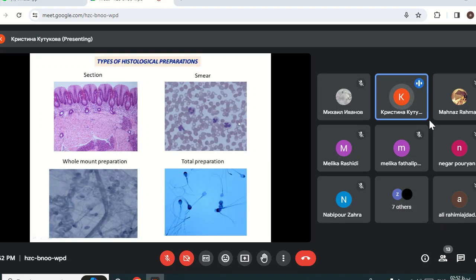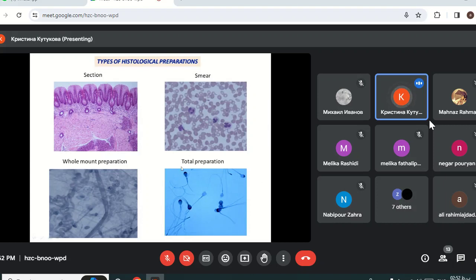So this is how the blood smear really looks. Maybe you're familiar with red blood cells, which look like this with a lighter area in their center. So if you see them, you can say that these are red blood cells, cells of blood. So this histological preparation is the smear of blood with erythrocytes, red blood cells, and leukocytes.